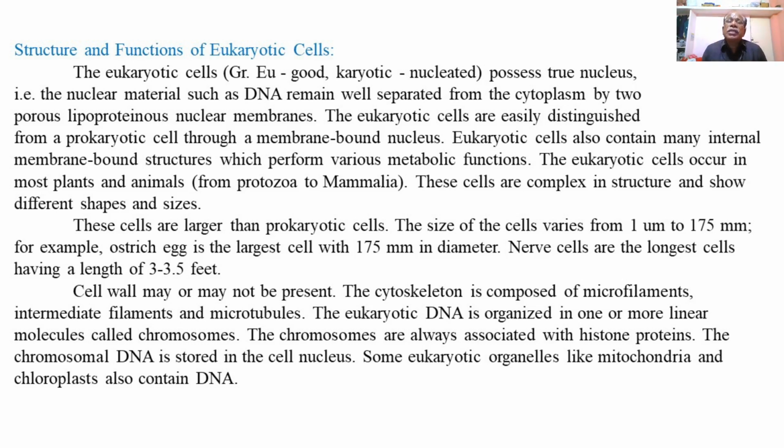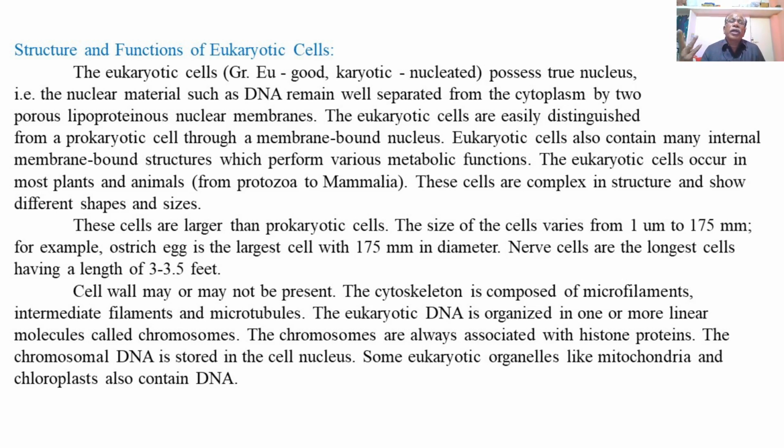The eukaryotic cells are easily distinguished from the prokaryotic cells or the bacterial cells through a membrane-bound nucleus. So, in eukaryotic cells there is a definite nucleus with a definite nuclear membrane enclosing the nuclear material or the DNA material, and that is separated from the cytoplasmic matrix of the eukaryotic cells.